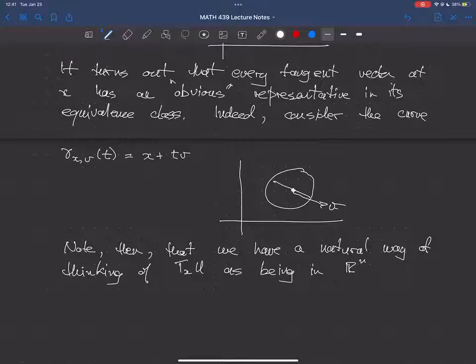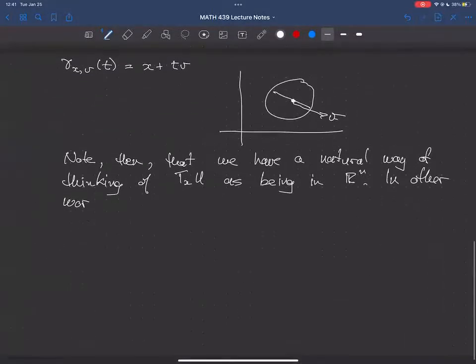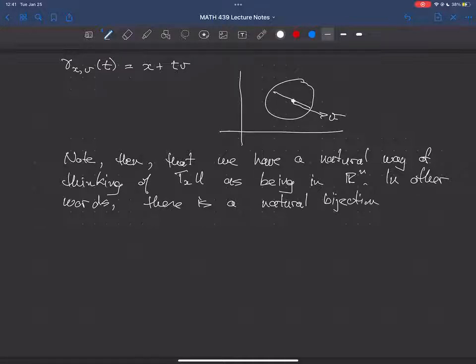And the Rn that I'm talking about here is that one. It's where v lives. So in other words, there is a natural bijection from the tangent space at x to Rn. And let me explicitly write down what that thing is.